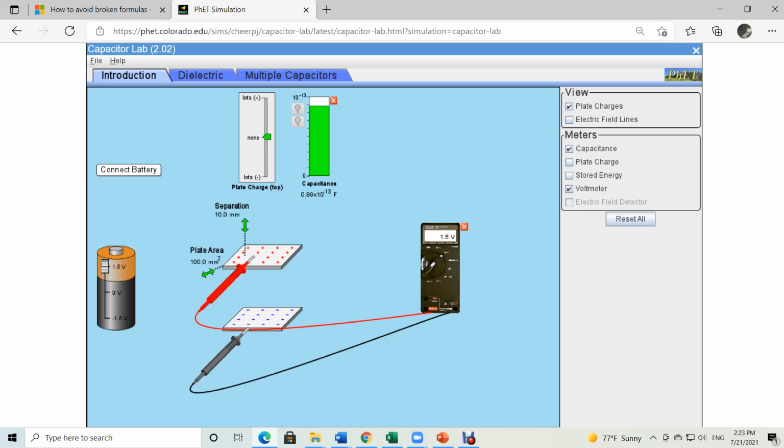Let's see if my capacitor has been discharged or not. I'm going to put my camera here on my tripod, and hopefully we'll be able to, oh gosh, I can't. Or maybe I can.